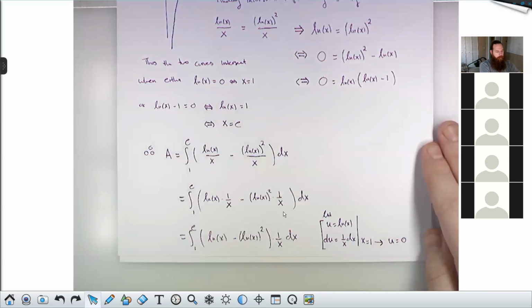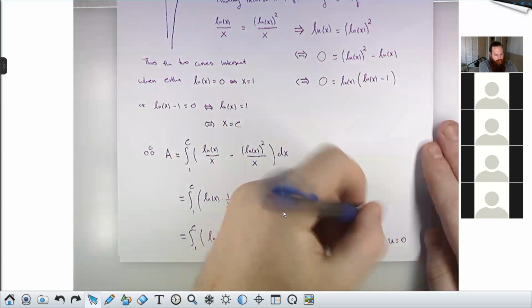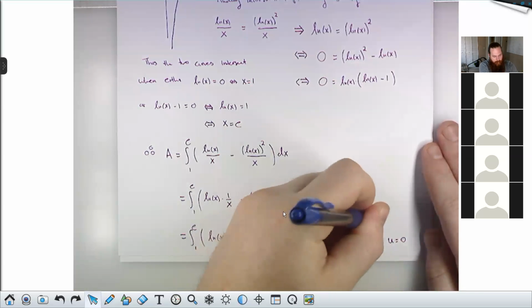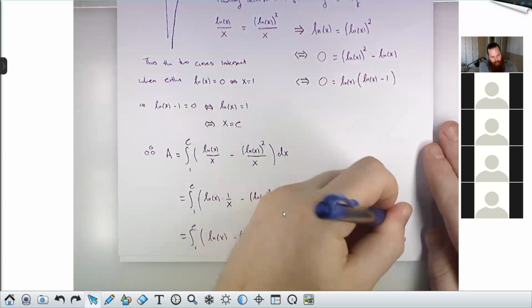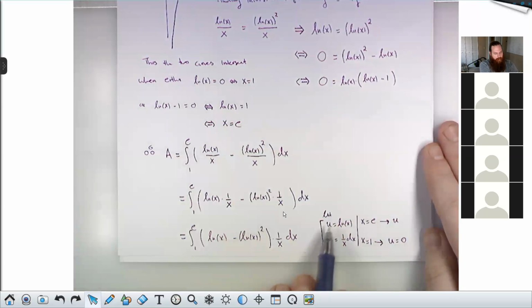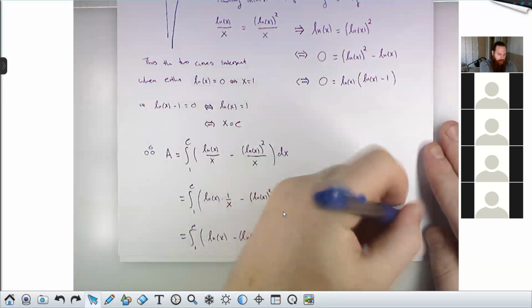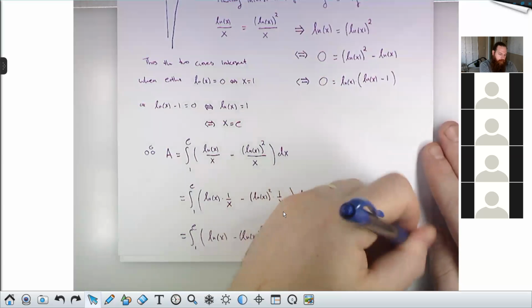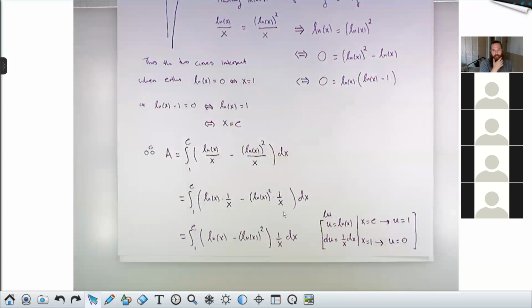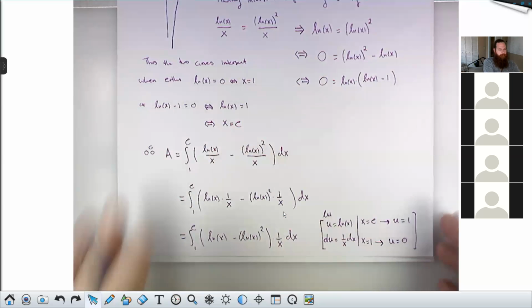What about the upper bound? When x is equal to e, u would be the natural log of e. The natural log of e is 1. So when x is equal to e, u is equal to 1. So there's my little box with all the substitution stuff.